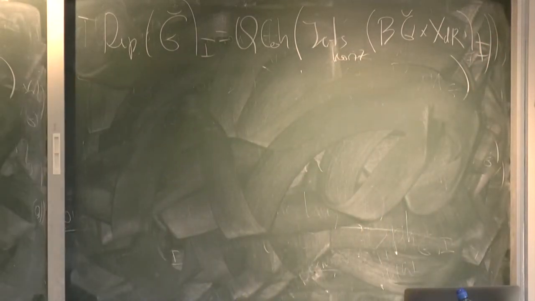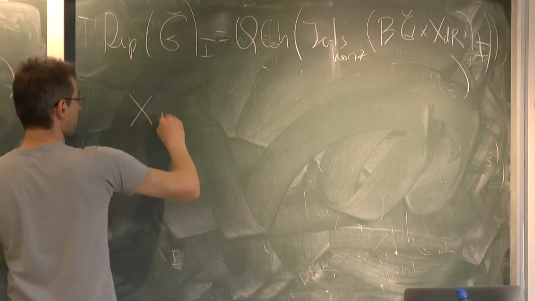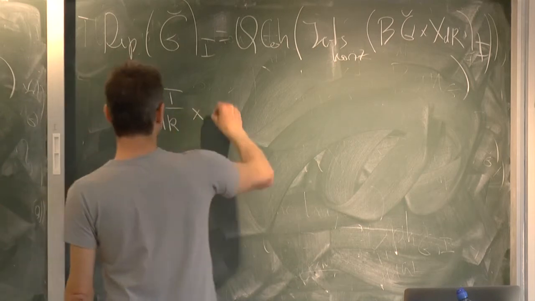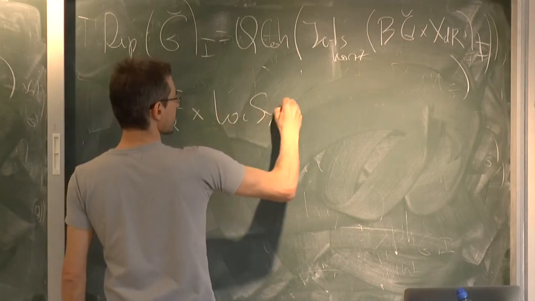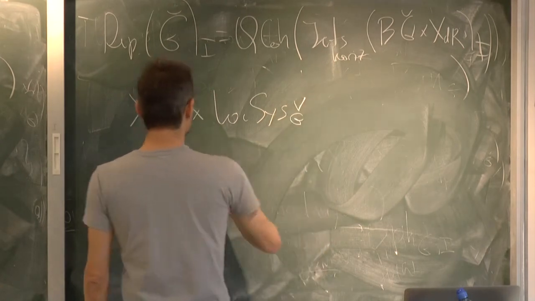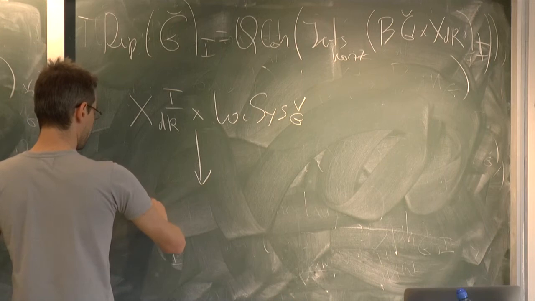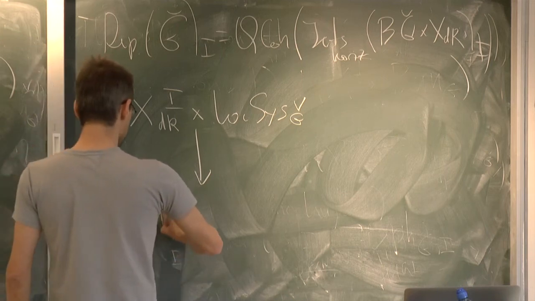This functor will also be given by pullback. I claim that there is a canonical map from X de Rham^I times LocSys G check to jets horizontal.